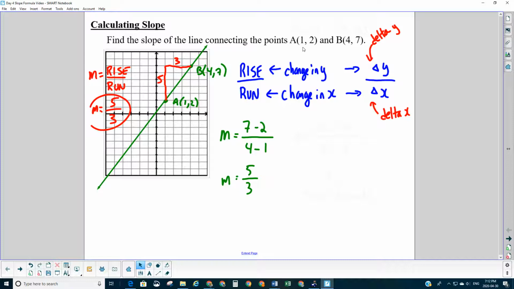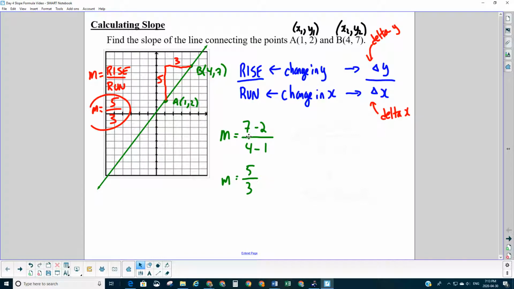What we're going to do is give these numbers labels. The first point we're going to call x1 and y1. This is just a little notation. It's saying the x coordinate in the first point and the y coordinate in the first point. And then this one we're going to call x2 and y2. Notice these aren't squares, these aren't exponents, these are little 2's. That's why they're called subscripts. They're down at the bottom. It's just a way of labeling the second point. So this becomes the x in the second point, and this becomes the y in the second point.